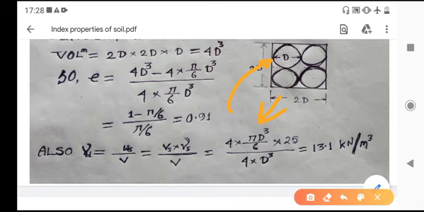Gamma is given as 25 kilonewton per meter cube, and total volume is 4 d cube. By calculating, we get dry unit weight of the soil as 13.1 kilonewton per meter cube.